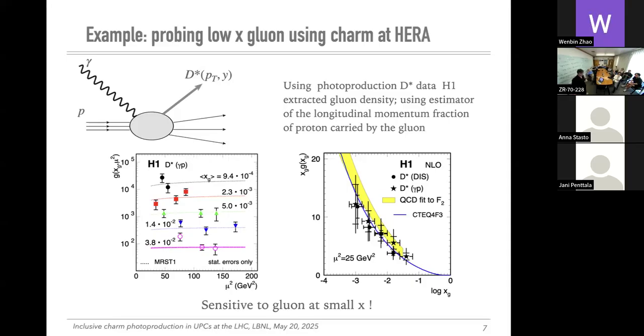So you can see in their method the data points, and here, for example, the stars are this gluon density from photoproduction extracted from the data, compared to the fits. These are old data. So this is a very, very nice process.